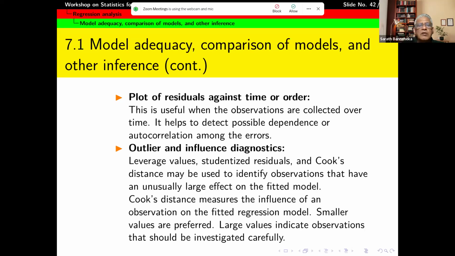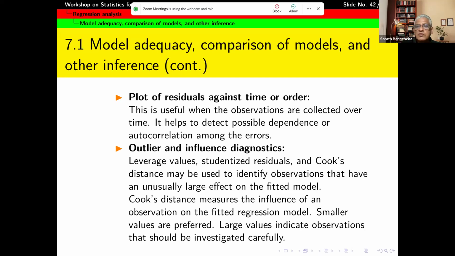Then we plot the residuals against the time order, or the order in which the data are collected, to check whether there are any patterns left there. If there are patterns left, then we have to include, for example, time or the order in which the data were collected into the regression model as a variable to improve the model.